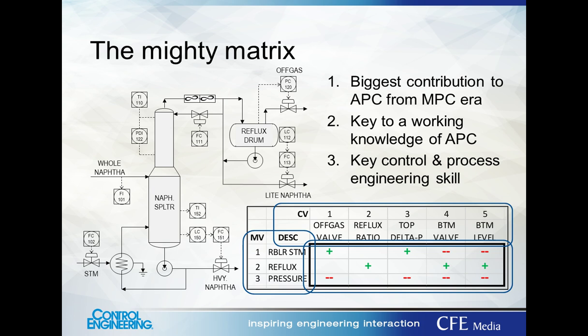The main parts of the matrix are these. Along this axis are the MVs, or manipulated variables, which are the single loop controllers being automated. Along the other axis are the CVs, or control variables, which are the related process variables that are to be kept within constraints and optimized to the extent possible.